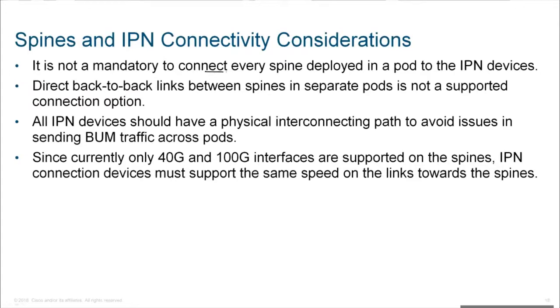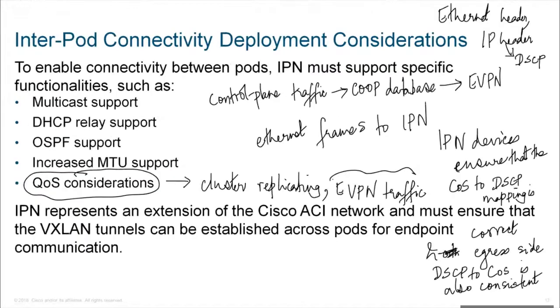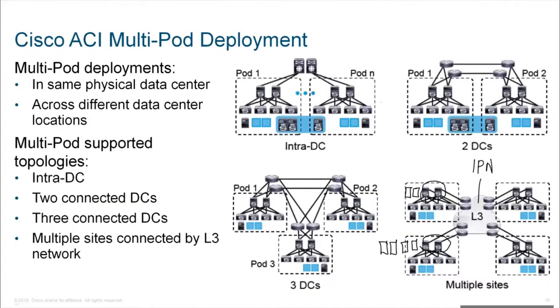It will not allow you, you cannot do interpod by directly connecting spines. You cannot do this. So what do I mean by that? You cannot have spines directly connect to spines. Not possible, not supported. Maybe in the future they will do that, but not at this time.